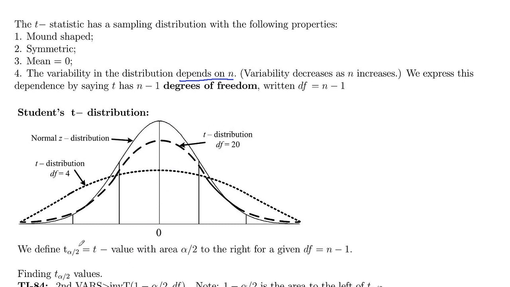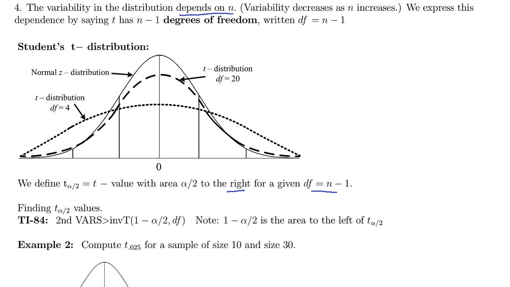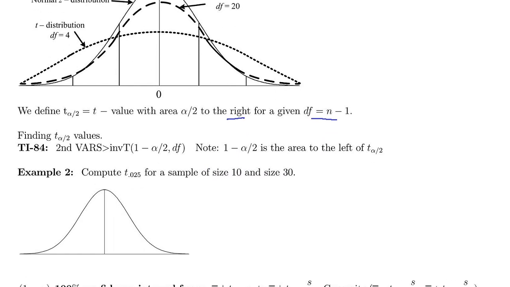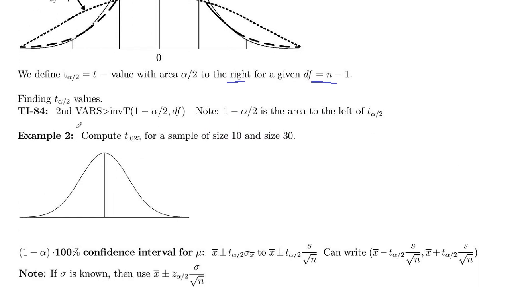So we're going to define this T alpha over 2, which is what we're going to use in place of Z alpha over 2, to be the T value with area alpha over 2 to the right for given degrees of freedom. And we can find that on the calculator by doing second variables and then inverse T instead of inverse Z. You'll put in your left area and then your degrees of freedom.